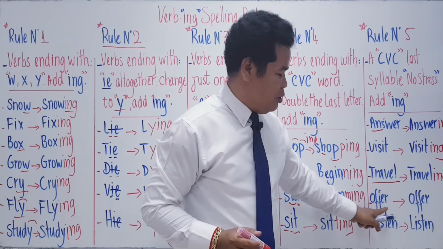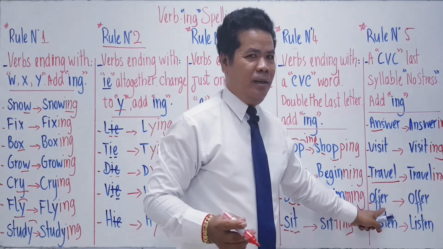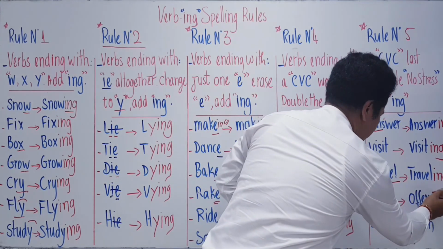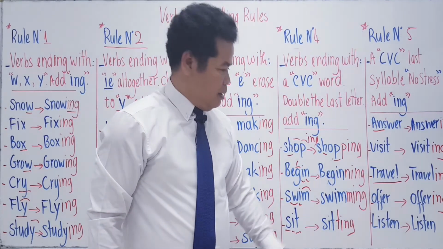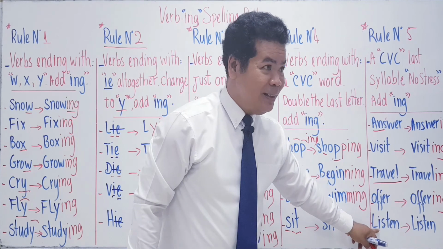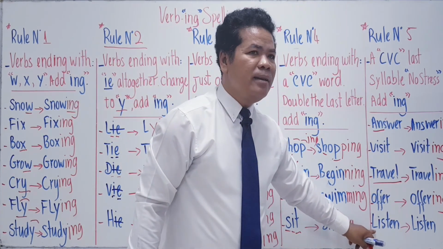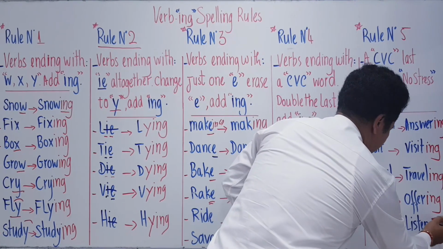Offer. You cannot stress the second syllable. Offer. So offering. Listen. You don't say listen with stress on the last syllable. Only listen. And then listening.